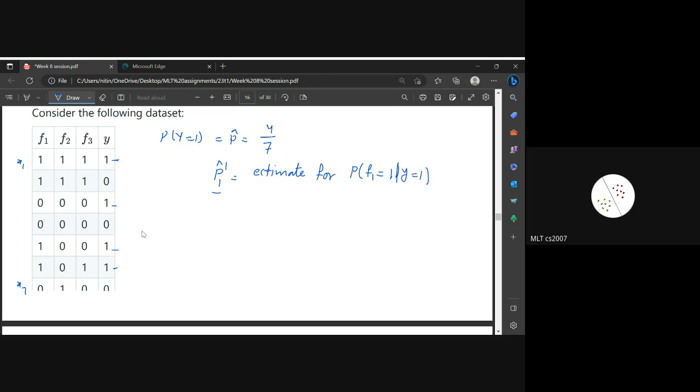How will you find this estimate? You consider only those points where y equals 1. So you take these points, this one, this one, this one. Out of those 4 data points, how many have the first feature value 1? Looking at those, I think three: 1, 2, 3. So 3 by 4 will be the estimate for this, right?